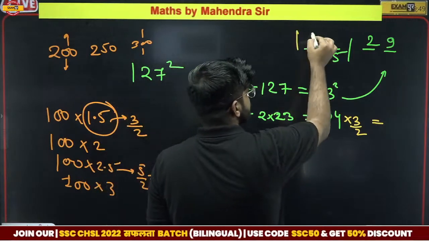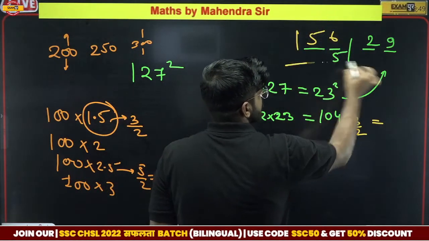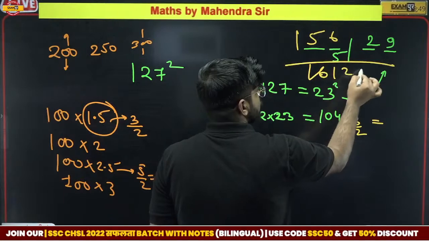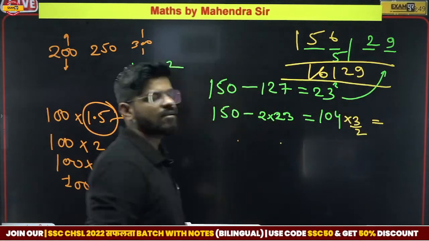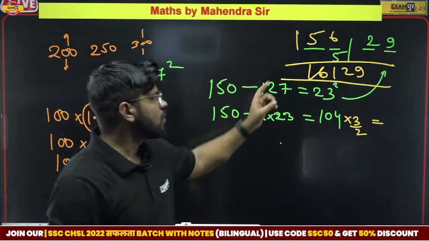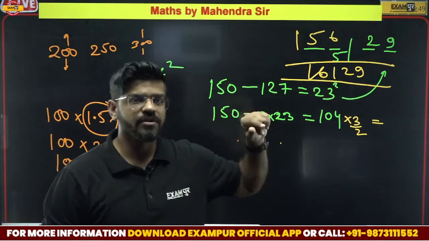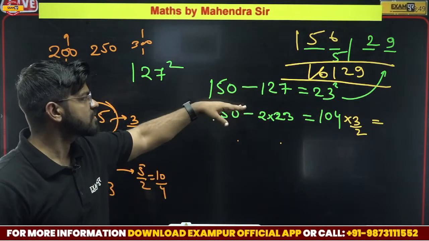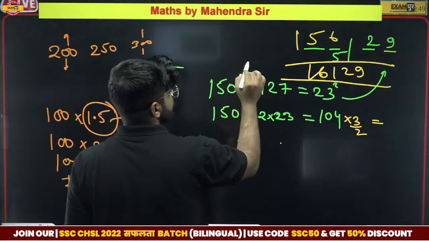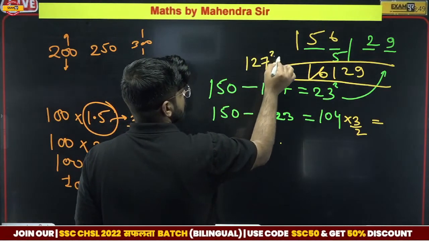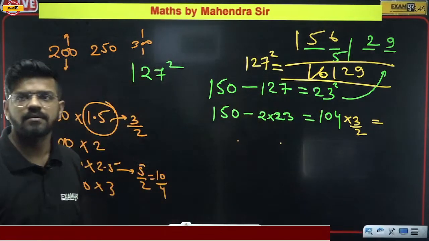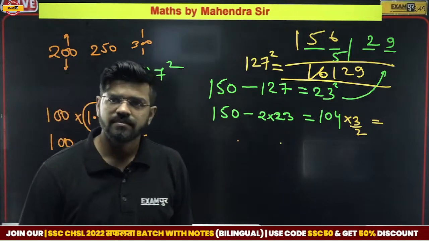Write 156, add this, and you will get 16129. You can check it in a calculator also. 16129 is the answer, so 127 square is 16129. Is it correct or not? Did you get that?